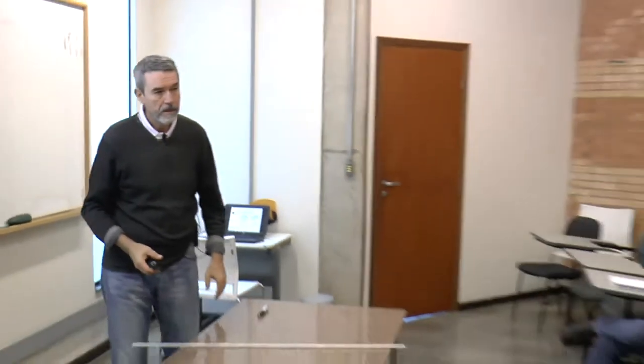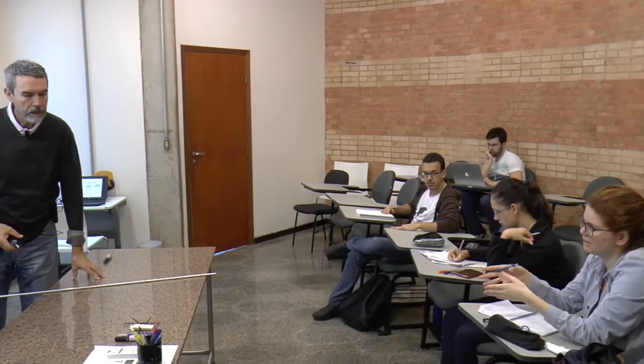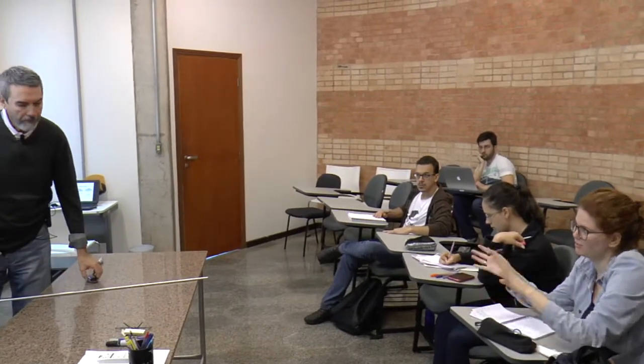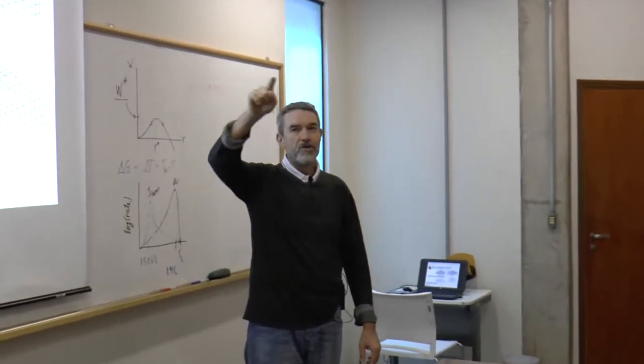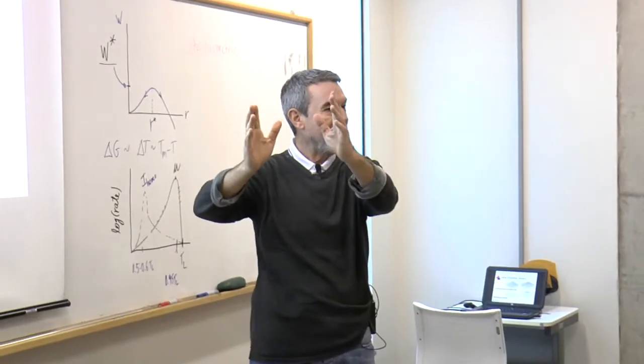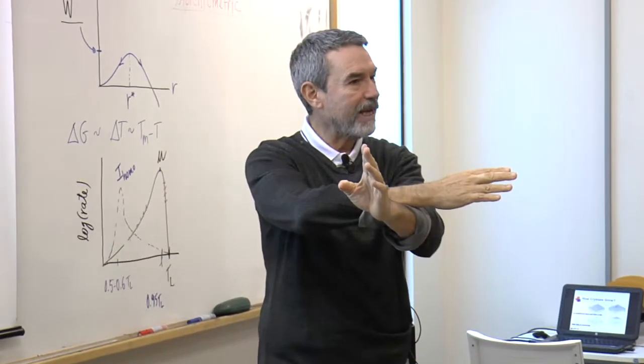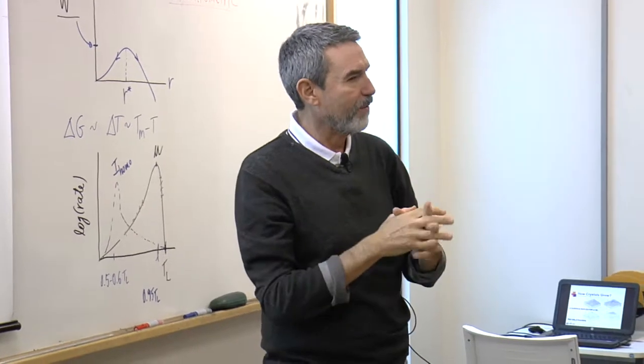Yes? It's not possible to have two or more mechanisms in the same system, right? It's possible. It's possible to have one mechanism in a certain temperature range and then a change of mechanism for another temperature range.